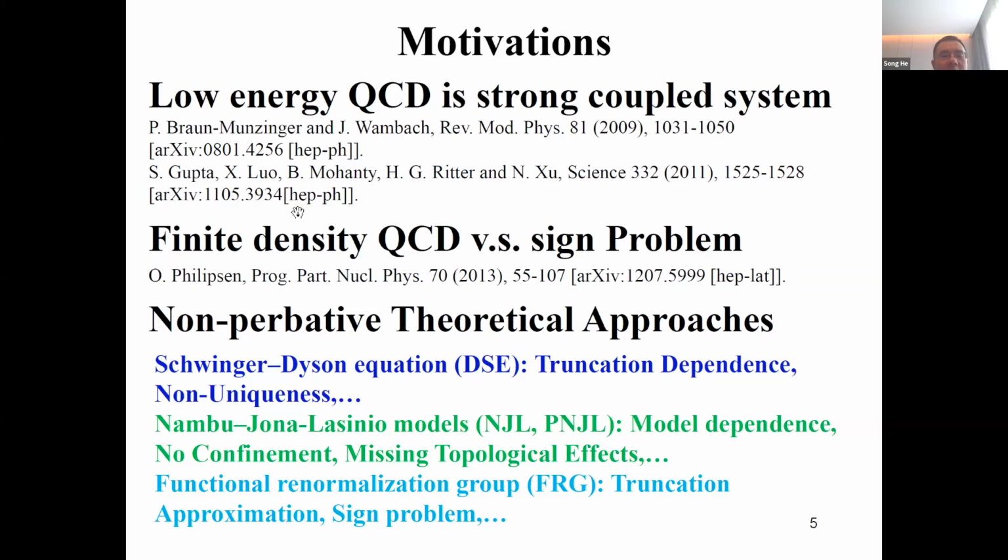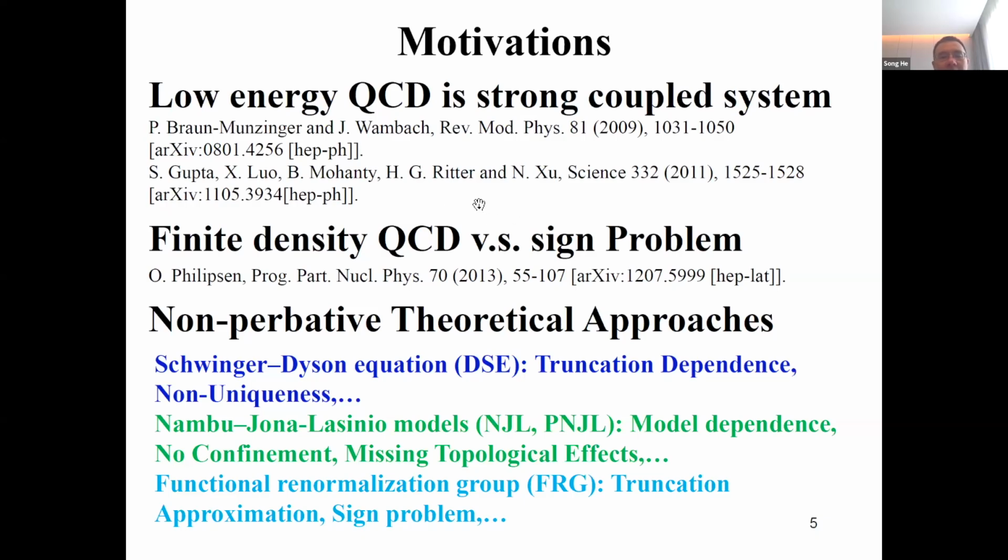Once there is a first principle calculation, usually done by lattice QCD people, there is the famous sign problem, because once you turn on the fermionic degrees of freedom, lattice QCD can only reach a baryon number chemical potential of order one.